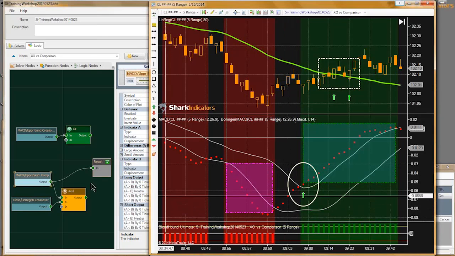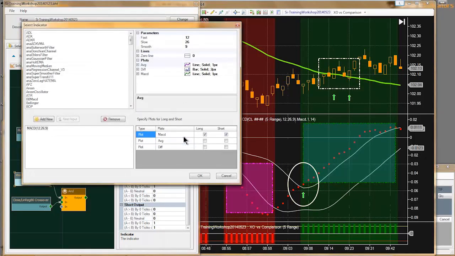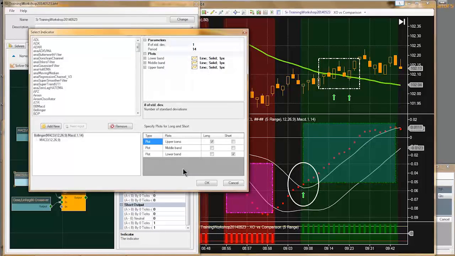there's no signal. And the way I set that solver up is indicator A is just looking at our MACD line, and indicator B is looking at our Bollinger Bands, but we're using the upper band for long signals, and we're using the lower band for short signals.